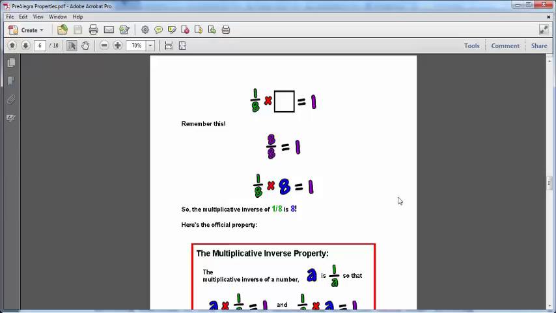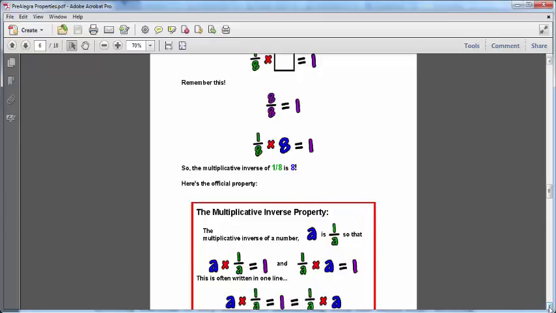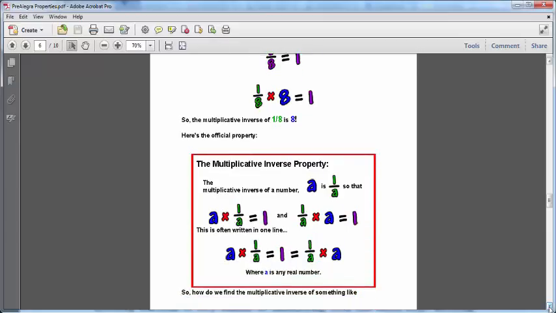certain equations. Okay? So the multiplicative inverse property is right here, and it says that the multiplicative inverse of a number a is 1 over a, so that a times 1 over a is equal to 1, and 1 over a times a is equal to 1.